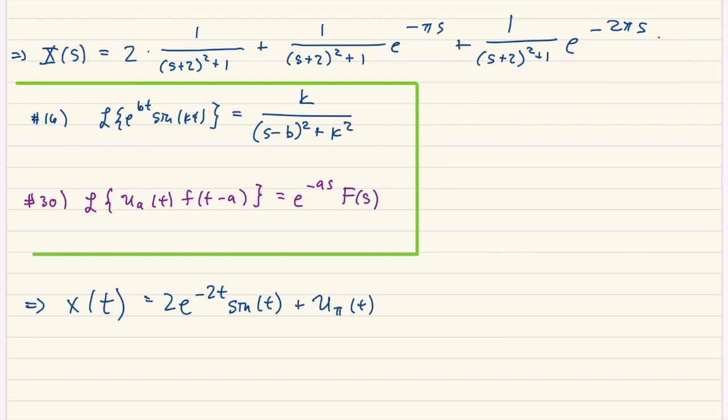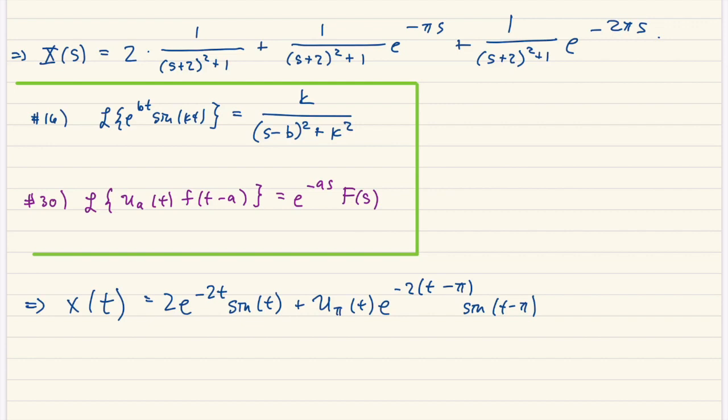And then we need to think about what's the inverse Laplace transform of capital F. That's nothing more than what we just found, e to the negative 2t sine of t. So what we do to that inverse transform is shift it by pi. In other words, we take the function e to the negative 2t sine of t, and what we get is that shifted by pi, sine of t minus pi.